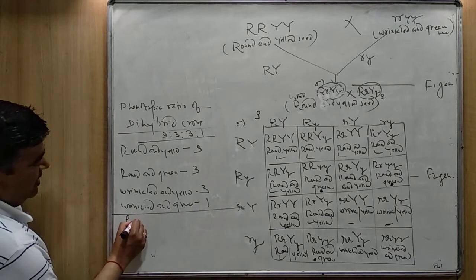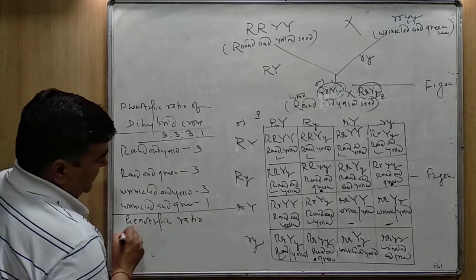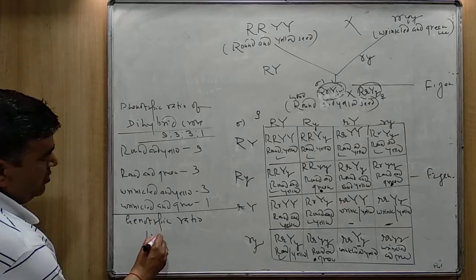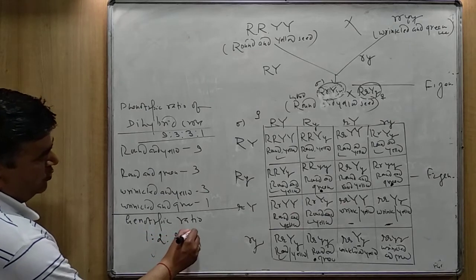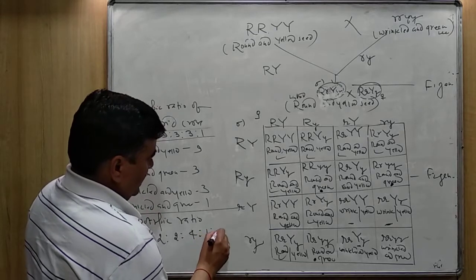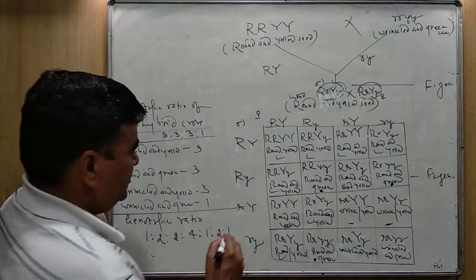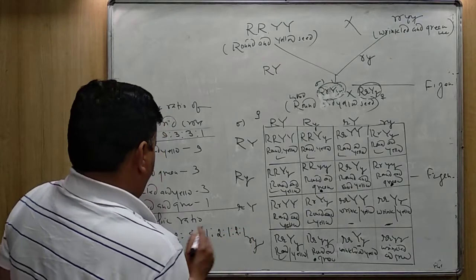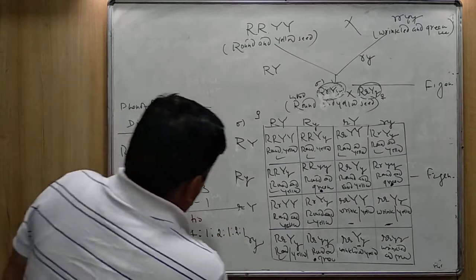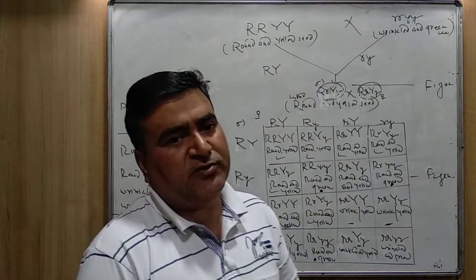You can also write about the genotypic ratio. I am going to tell you how you can find out the genotypic ratio. The genotypic ratio is 1:2:2:4:4. You can find out their genotypic ratio, but generally the phenotypic ratio is asked.